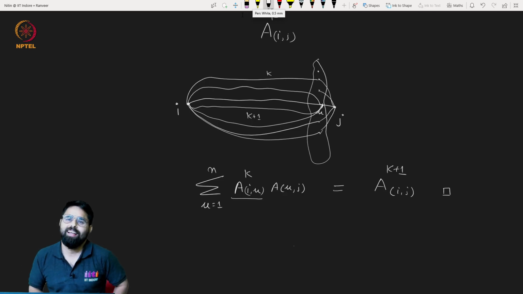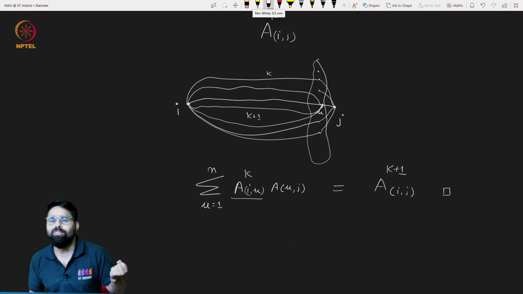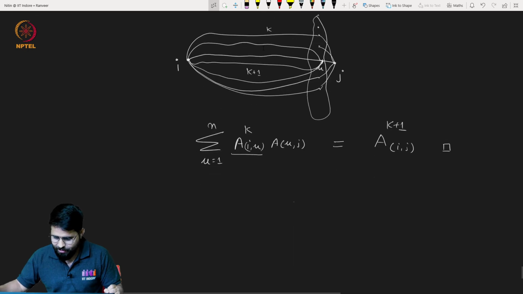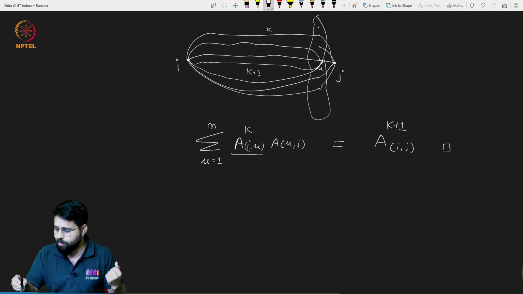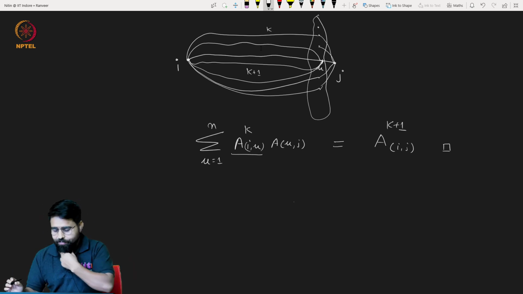Now what about closed walks? Remember, a closed walk was a walk that starts at some vertex and ends at the same vertex. So a closed walk is nothing but when i equals j. Very good.